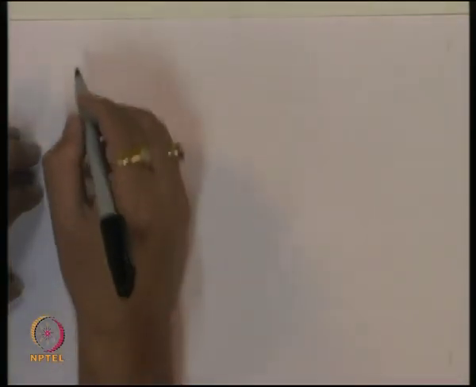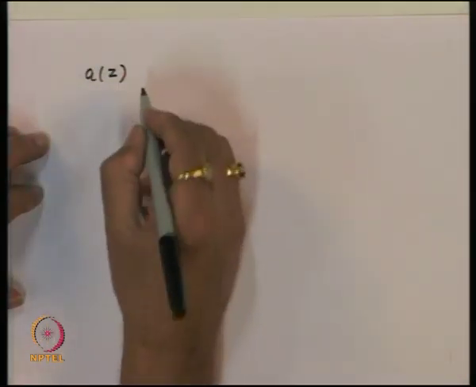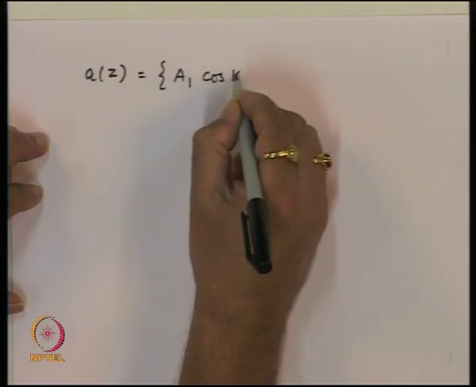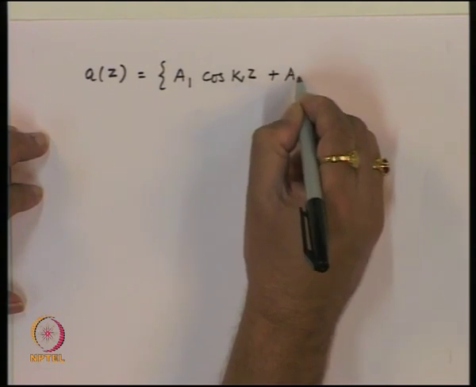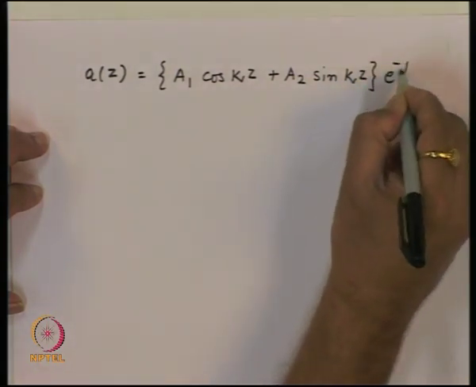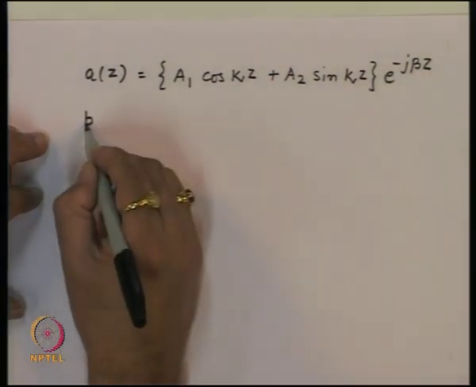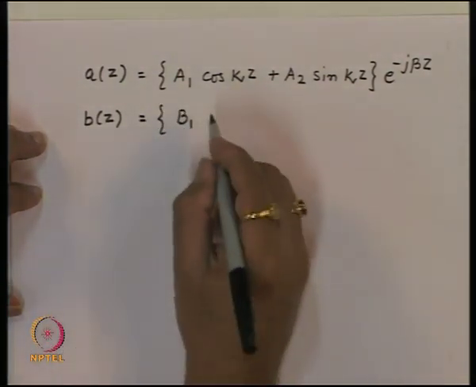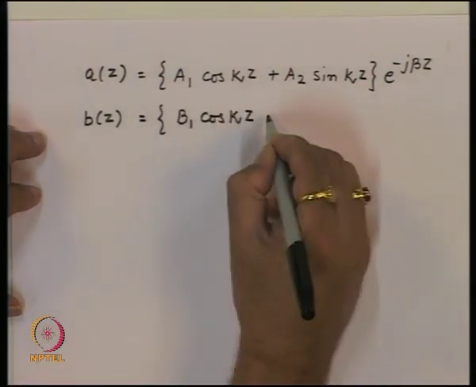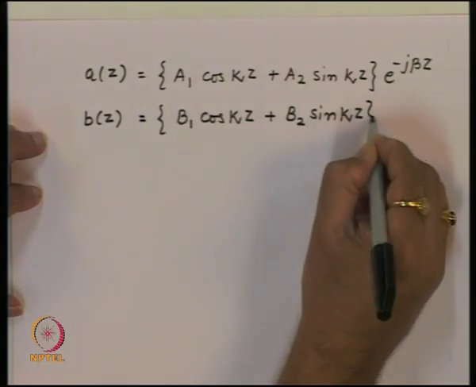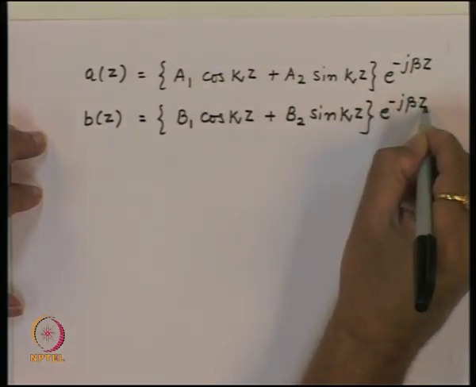So, we can write down the solution for A and B as: A as a function of z will be equal to some arbitrary constant A1, which is to be evaluated, cos of kz plus A2 sine of kz, e to the power minus j beta z, and B of z will be identical with different arbitrary constants, B1 cos of kz plus B2 sine of kz, e to the power minus j beta z.